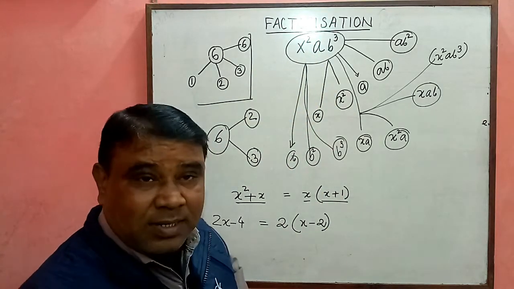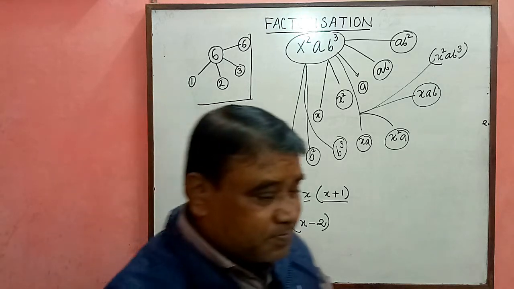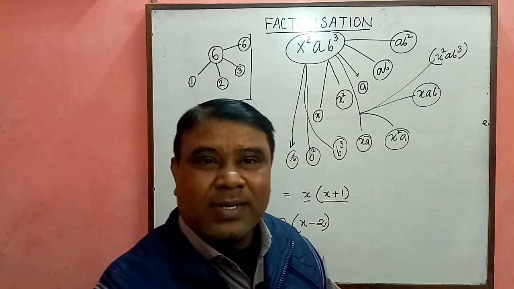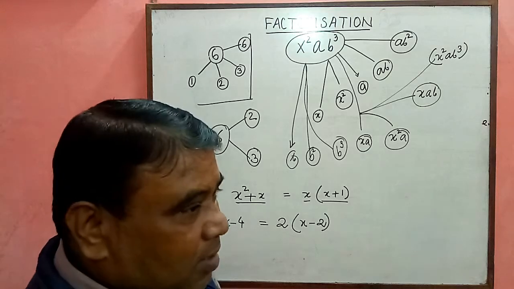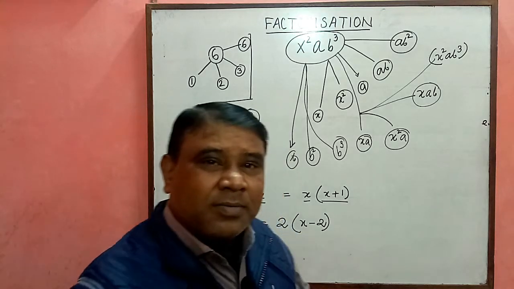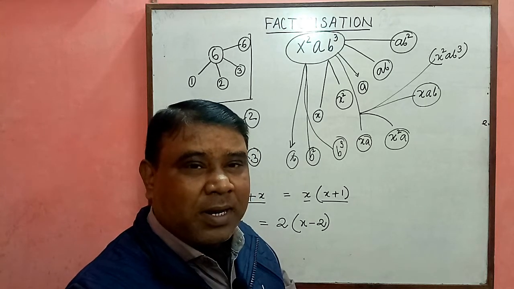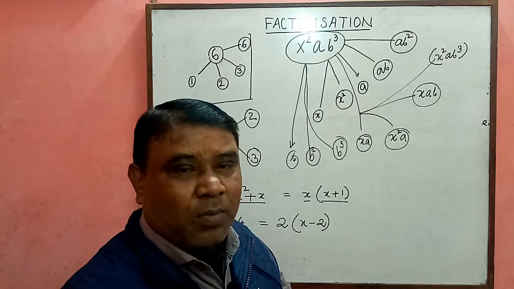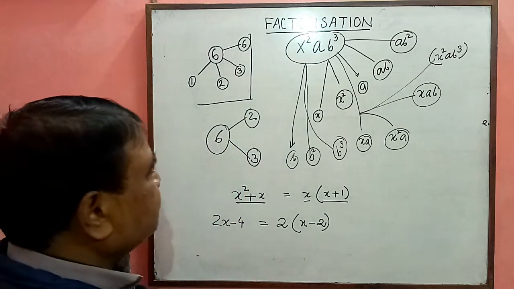The expressions that contain plus or minus in between the terms may be up to 3. Accordingly, it will be binomial, trinomial, tetranomial, and finally polynomial, more than 2 terms.